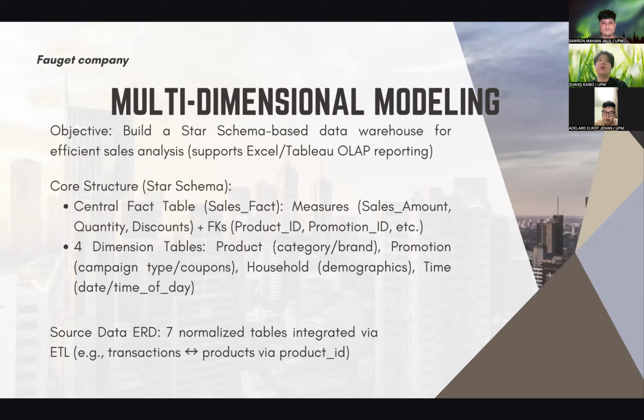The first is the product table, with things like category and brand. The promotion table has the campaign types and coupons. We also have the household table, about customer info like household income. And the time table, with date and time of day. To build this, we combine 7 original tables using ETL.